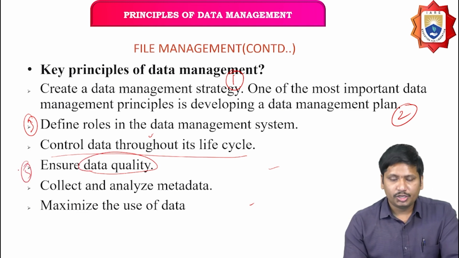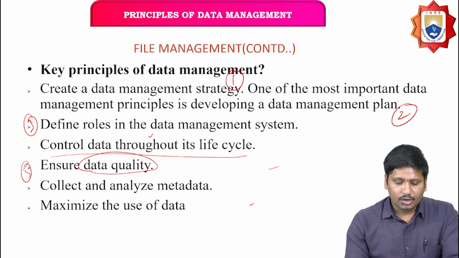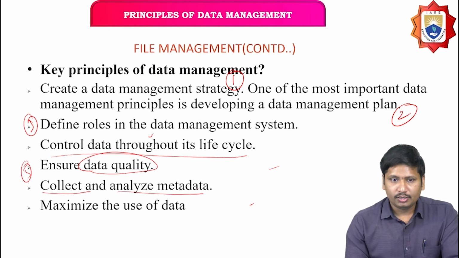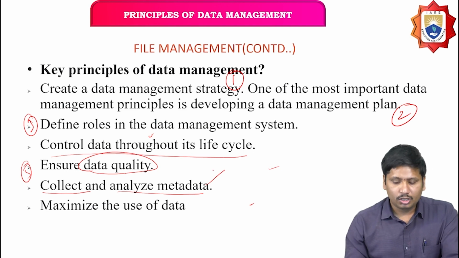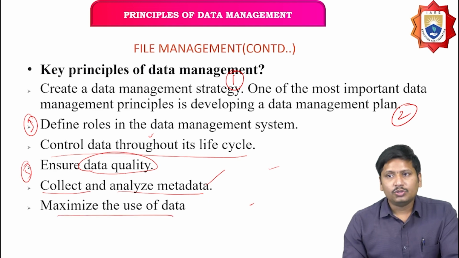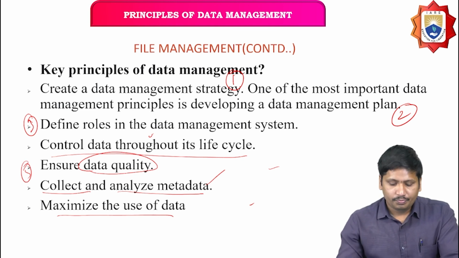And then finally you have to collect and analyze the metadata. Whether redundant data is still available or not, you have to take it out, and then maximize the use of the data. So this is the last one. Once the data is collected and everything is fine, then you have to use the data in the maximum way.